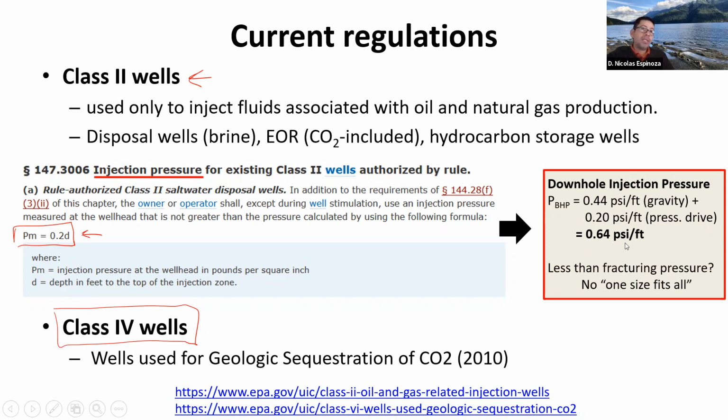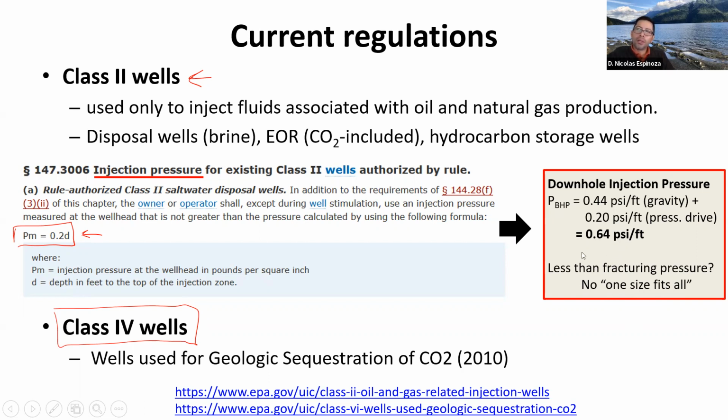And this might work in some places, but it's not going to work in all places. This is just one equation, one suggestion, and there is no equation that is going to be safe everywhere. There is no one size fits all. So that's what we have to be careful about, not to use some of these equations blindly, because sometimes they may be wrong.